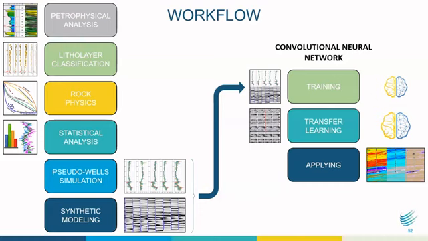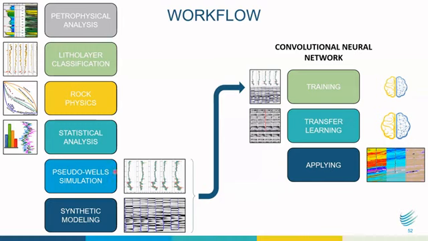The next step in the workflow is the little layer classification step. Here we break our wells into a series of little layers, and finally we have a little layer, or facies, log. The next step is the rock physics modeling step. Basically, it's one of the most important steps in this workflow, and the goal of this step is to establish a rock physics model, which links elastic properties to rock properties, and then we need to calibrate this model on our real data.